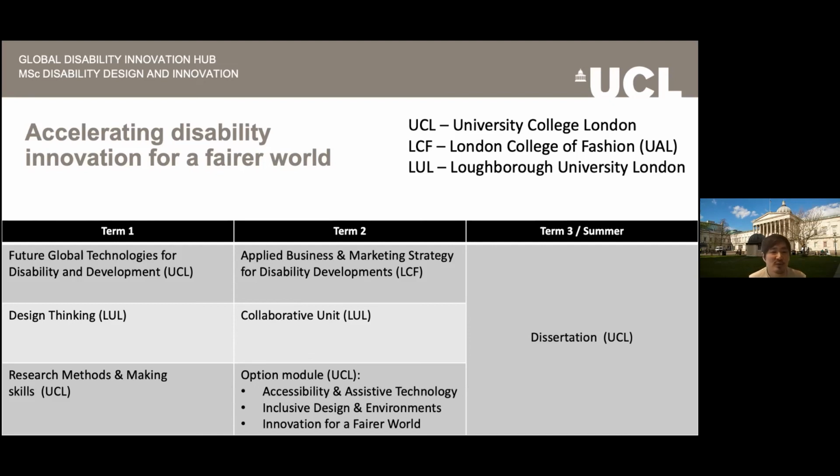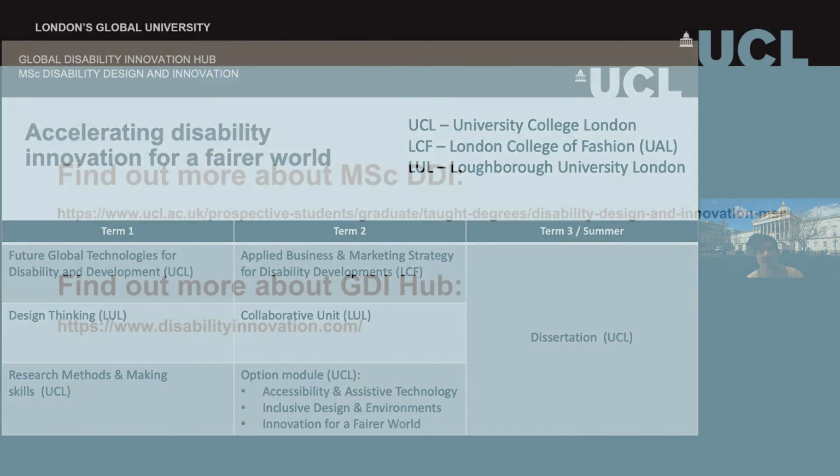And also innovation for a fairer world, which is a new module coming this year, led by the director of GDI, Vicky Austin. Then in term 3, the summer term, students will fully focus on the dissertation projects toward the end of the program.